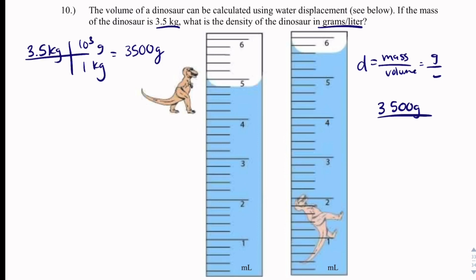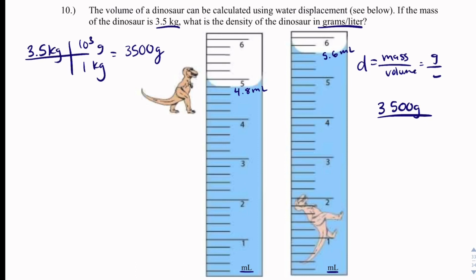Now I'm just going to figure out how many liters this is, and it's marked in milliliters, so that'll be important. If I estimate this is 4.8 milliliters, and then these are by 0.2s, which is really weird, this is 5.6 milliliters.